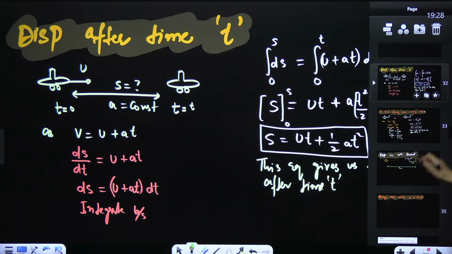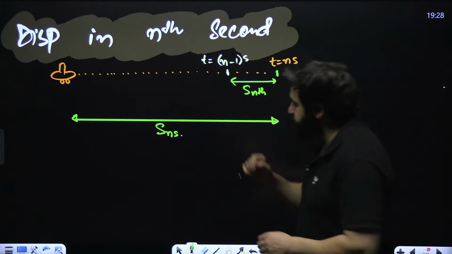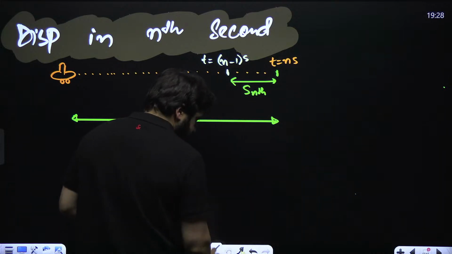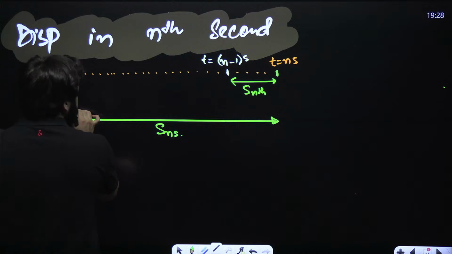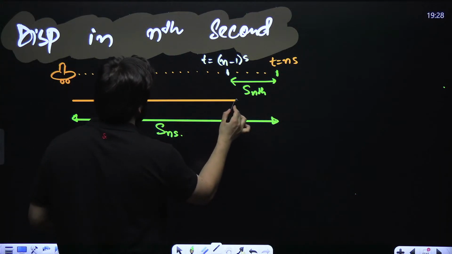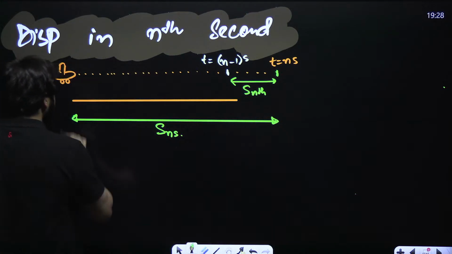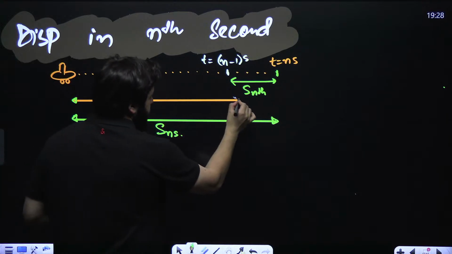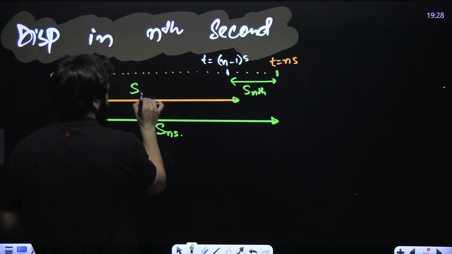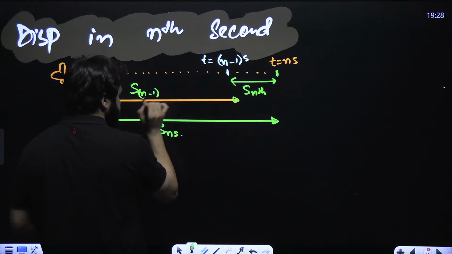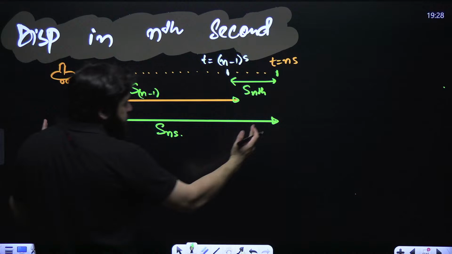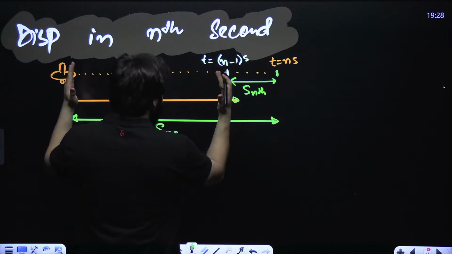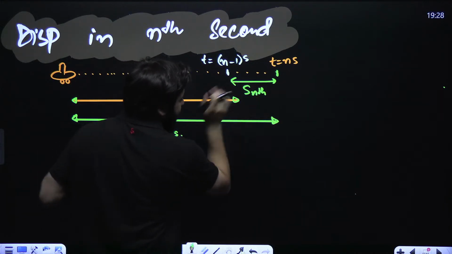Same in this particular case, we'll get this. Then after this, we'll find the displacement in n minus 1 seconds. Once you get the whole displacement, then you will subtract this, and you will get the value of this.